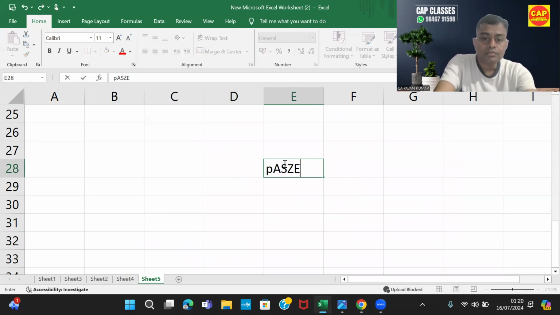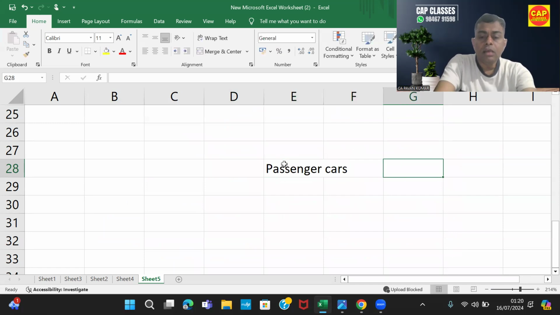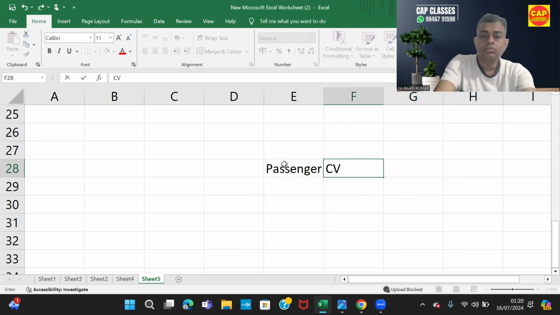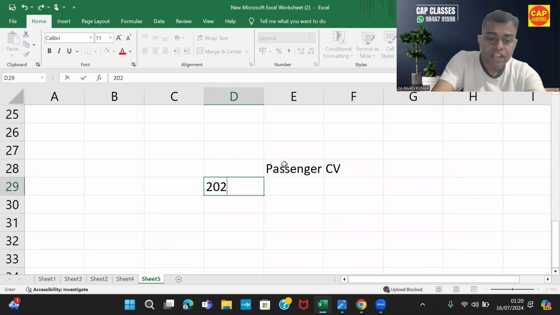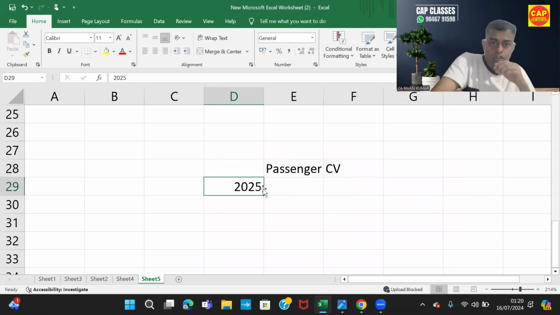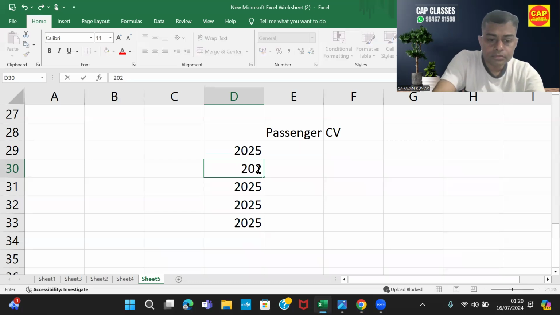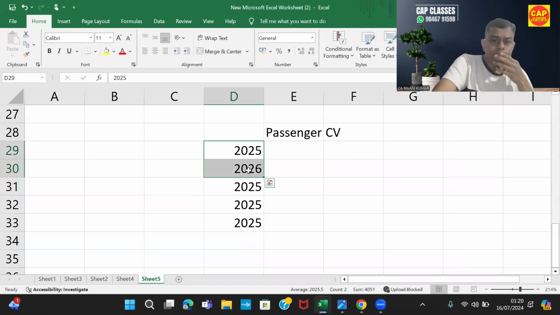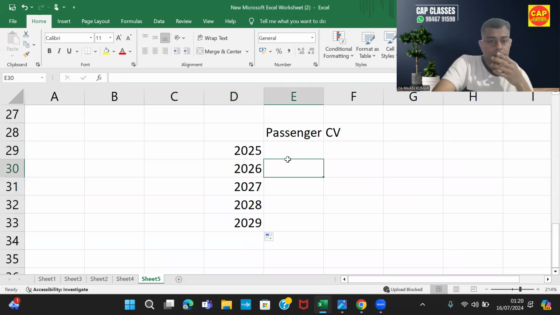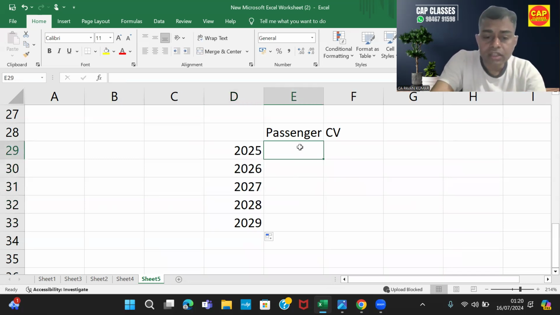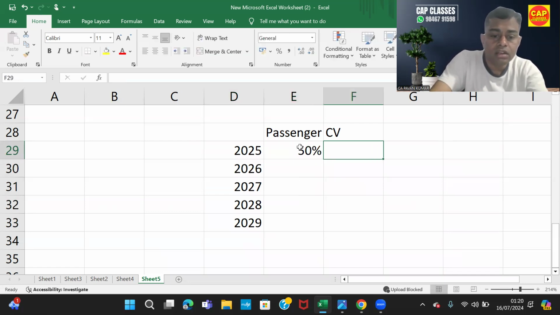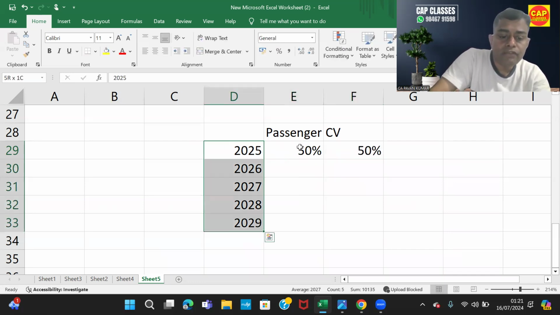Passenger cars, commercial vehicles. 2025, 2026, 2027, 2028. Say for example, you are using 50% plant capacity here and 50% here. Say this is 2024.